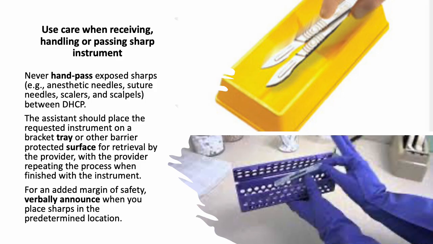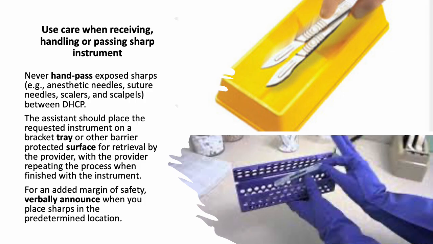The other thing we can do to protect ourselves from sharp injury is use care when receiving, handling, or passing the sharp instrument. And how is that done? Never hand pass exposed sharps, like needles or scalpels, between dental healthcare personnel. If the dentist asks for a sharp instrument, the assistant should place the requested instrument on a bracket tray or other barrier-protected surface for retrieval by the provider, with the provider repeating the process when finished with the instrument.